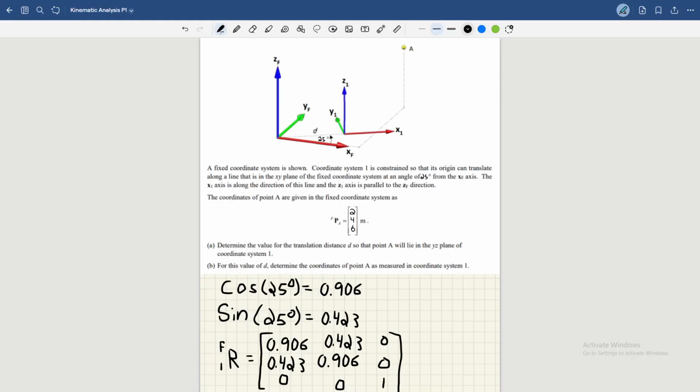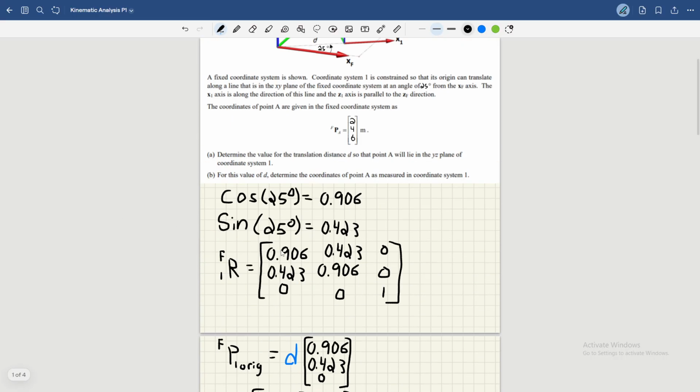Now that we know this, what are we going to do with this information? First, let's create our rotation matrix, the F1 rotation matrix. We'll put in 0.906 and 0.423 in this order, just like how we have the rotation matrix.